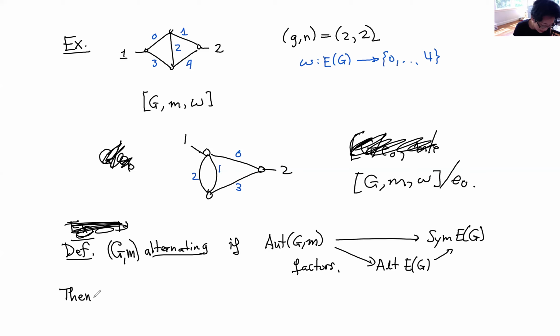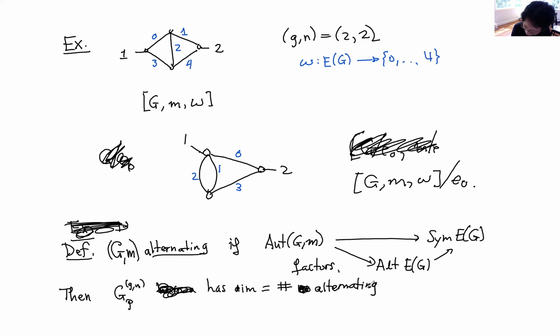Let me just assert, and you can think this through if this is new material for you, that G upper Gn in degree p, this graded vector space, has dimension equal to the number of alternating stable connected graphs, loopless I suppose, of type (g, n) with exactly p+1 edges.